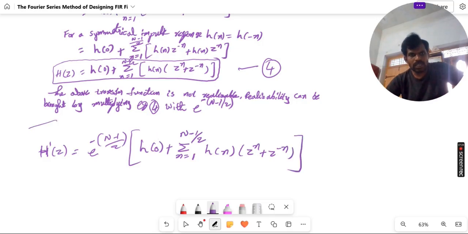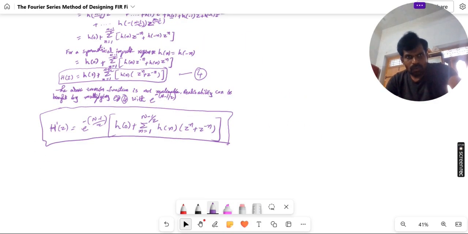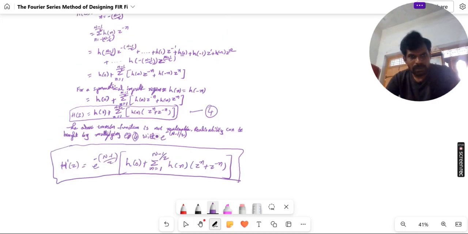This is the frequency response of an FIR filter using the Fourier series method.